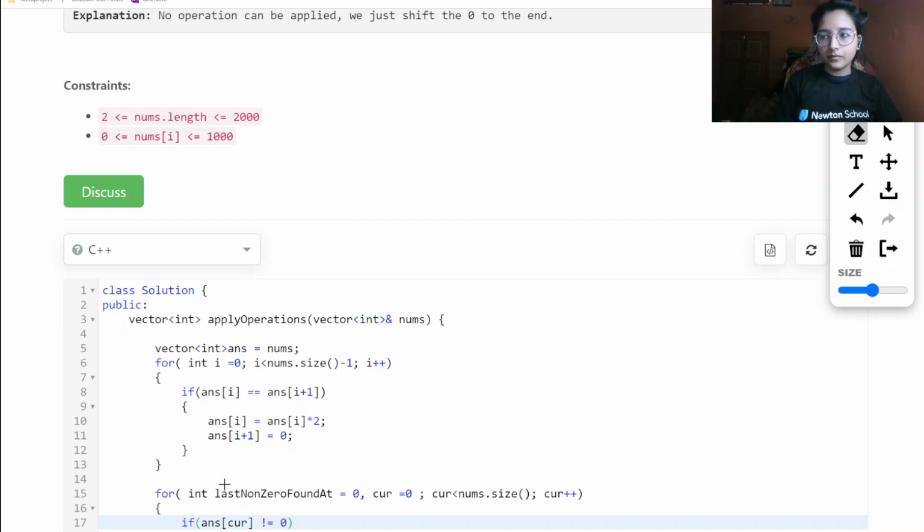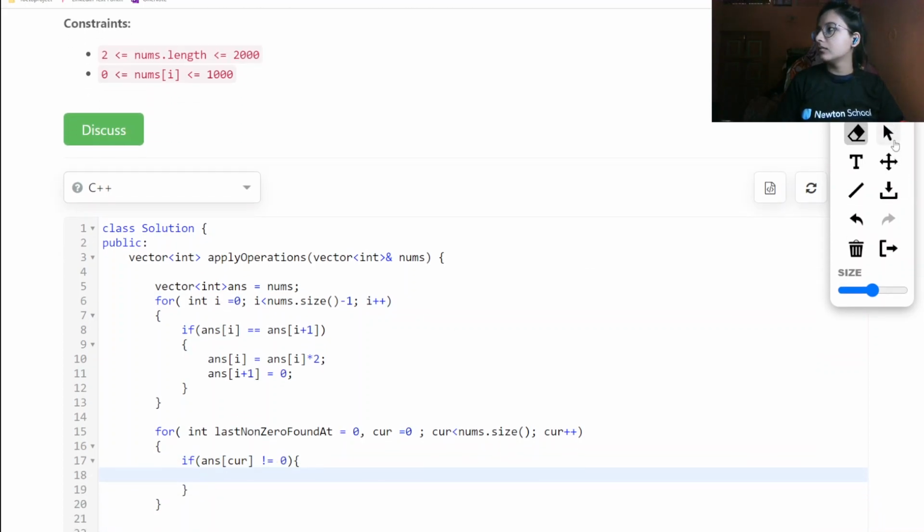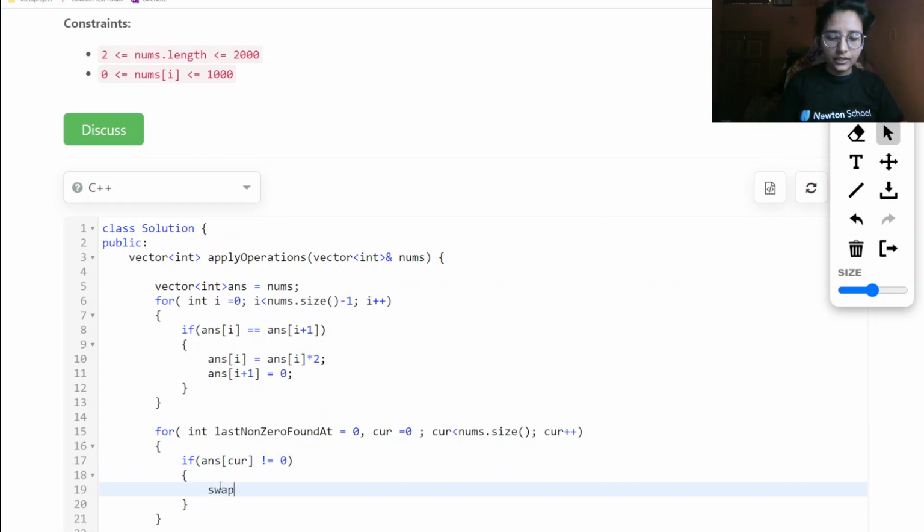If the present element is non-zero, then we will be directly swapping the element at this particular index with our current.